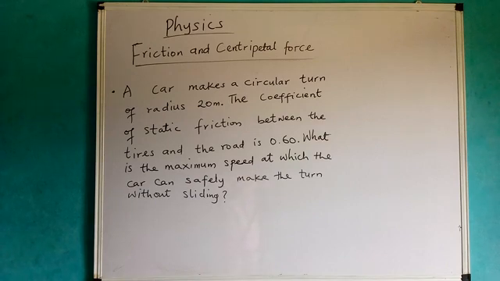And remember, there are two types of friction. We have kinetic and static. But the kind of friction that will enable that car to turn safely without sliding is known as static friction. It is not kinetic friction.